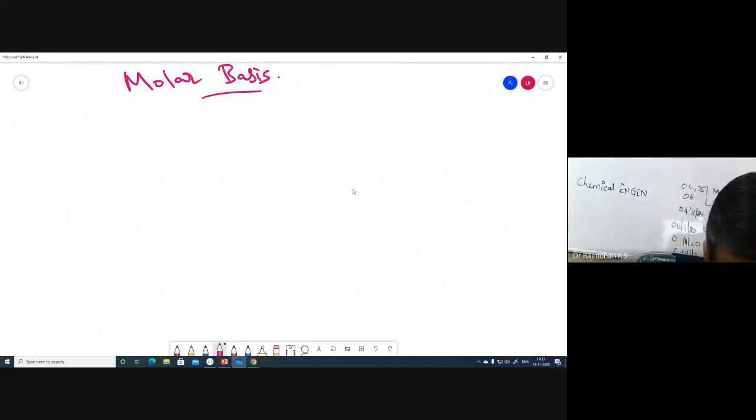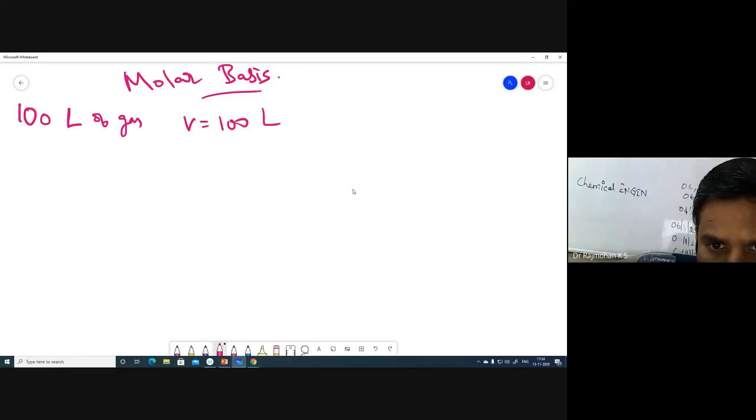So how to solve? We have 100 liters of gas, so V equal to 100 liters, and we know PV equal to nRT, the ideal gas law, right? So we have temperature, pressure, volume.